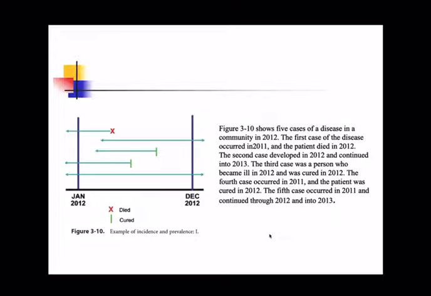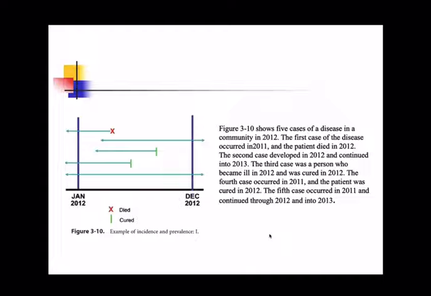The left figure shows 5 cases of a disease in a community in 2012. The first case of the disease occurred in 2011, and the patient died in 2012. The second case developed in 2012 and continued into 2013.